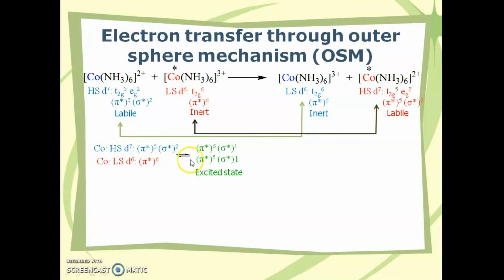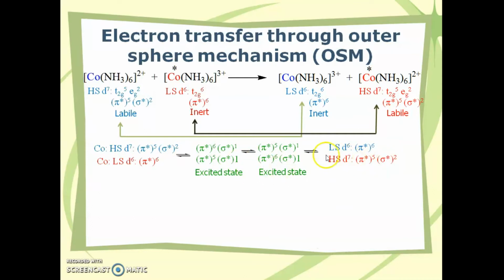This also shifts one of its electrons from its pi orbital to sigma orbital. So this takes place in the excited state. Now in the excited state, there is a transfer of electrons. See, the pi star 6 becomes pi star 5 and the pi star 5 becomes pi star 6, which means that the electron transfer takes place in the excited state.